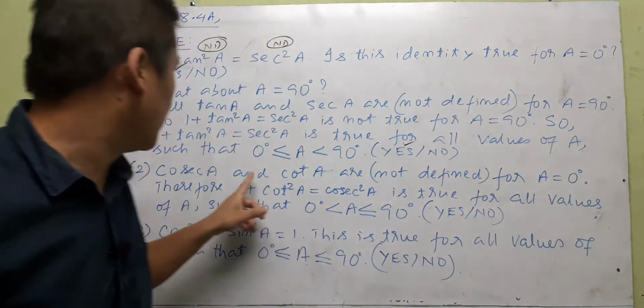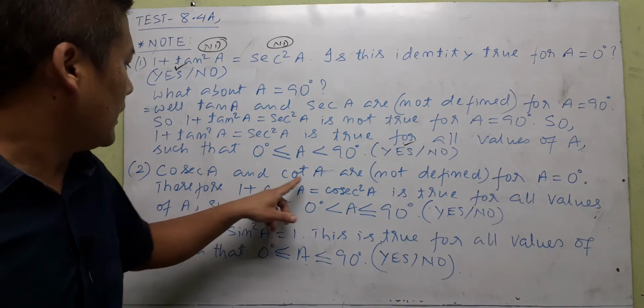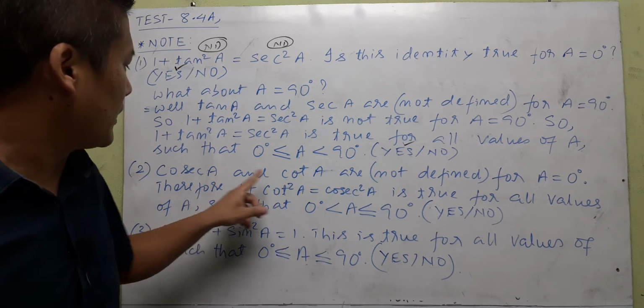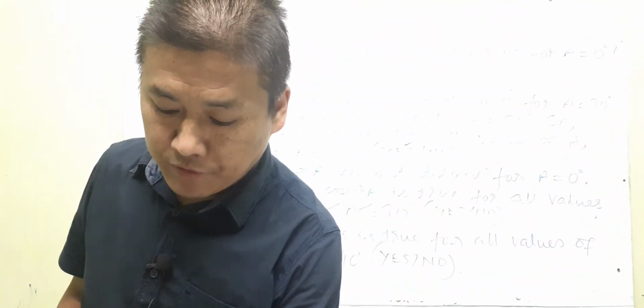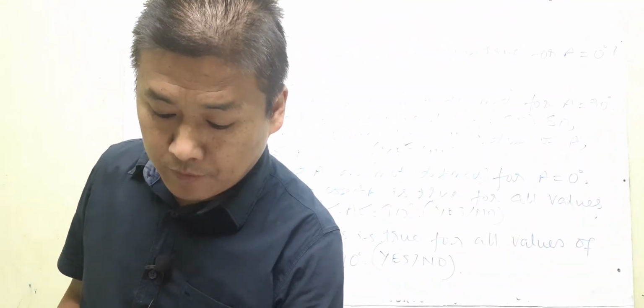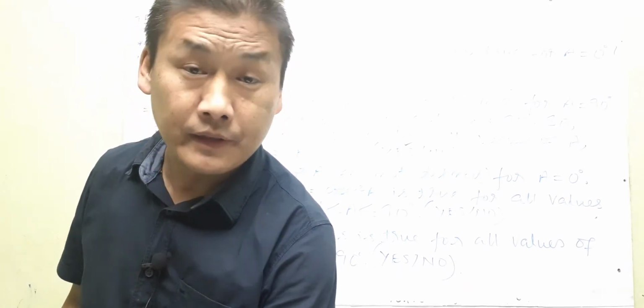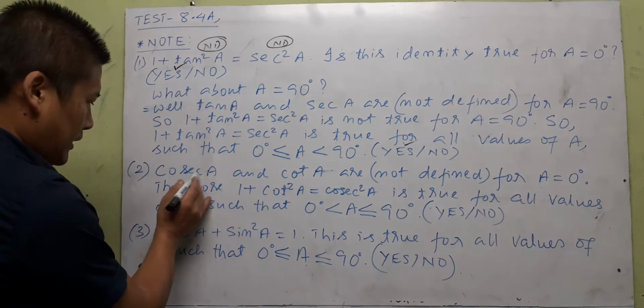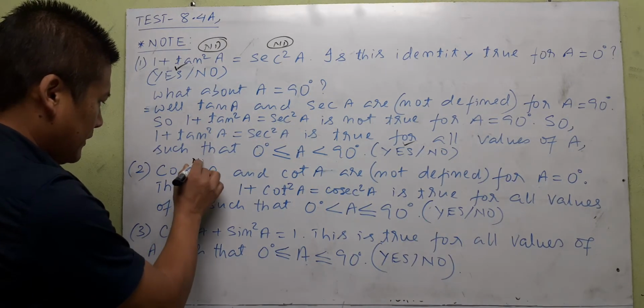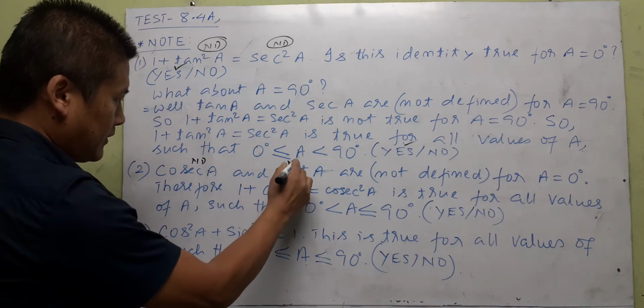When a is 0 degree, cosec a and cot a, meaning cosec 0 and cot 0, are not defined. Go and check page 193. Cosec 0 not defined. Cot 0 is also not defined.